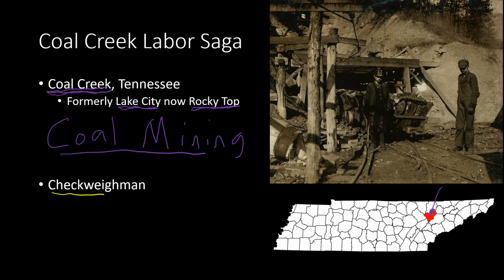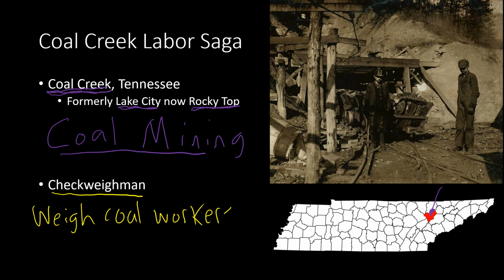Well, for anybody that worked at the mine, the most important thing for them was a guy who was called the check weighman. The check weighman worked for the coal mine, and he would weigh the coal that people mined. So the way workers were paid is at the end of the day, kind of like you can see these two guys here, they would push their mining carts out of the mine, and the check weighman would put the coal they mined on a scale and weigh it.